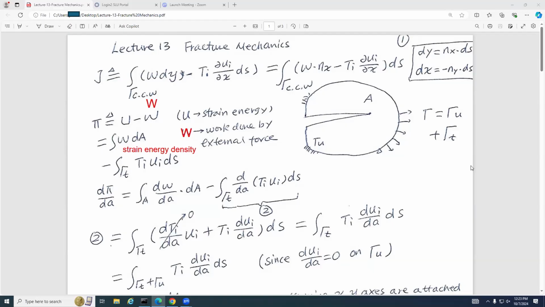The second term is related to the traction. You can see Ti, ui, where u is displacement and i is a dummy index, meaning summation.